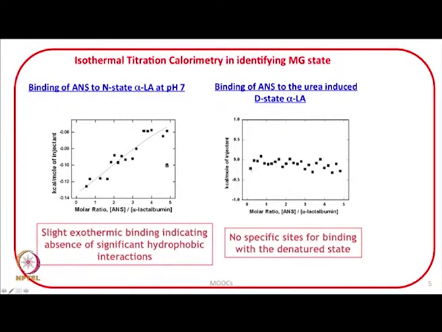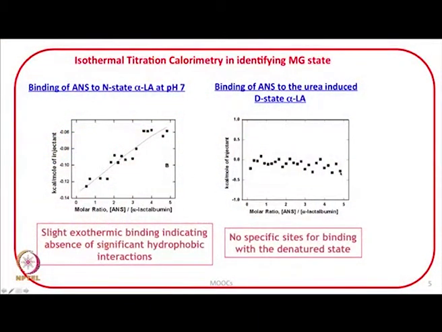And you see the amount of heat absorbed or liberated is almost zero. That means ANS is not showing any binding ability towards the denatured state of the protein. And remember that all these isothermal titration calorimetric profiles which are being shown over here have been appropriately dilution corrected.